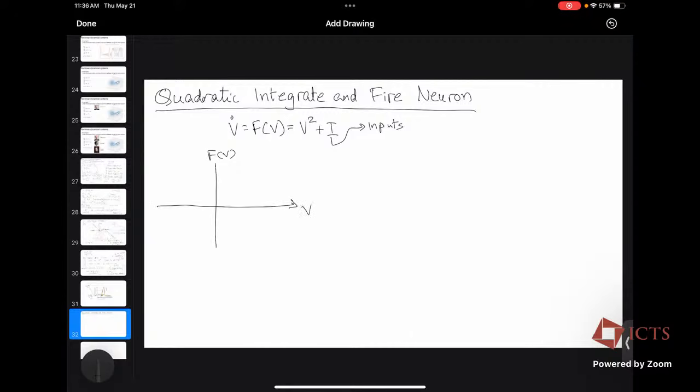Now I, as an input, is a parameter in my system. Let's examine what the dynamics look like for different values of this parameter. Let's consider three cases: I less than 0, and I equal to 0.